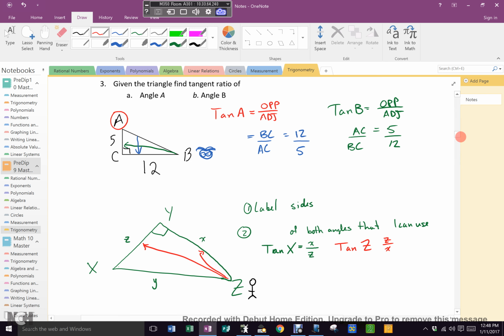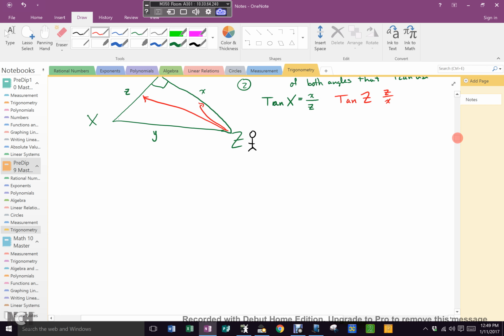Okay, I'm going to draw one more. I'm going to turn it funky like, and I'm going to see if you can figure it out. Okay? So, label it.